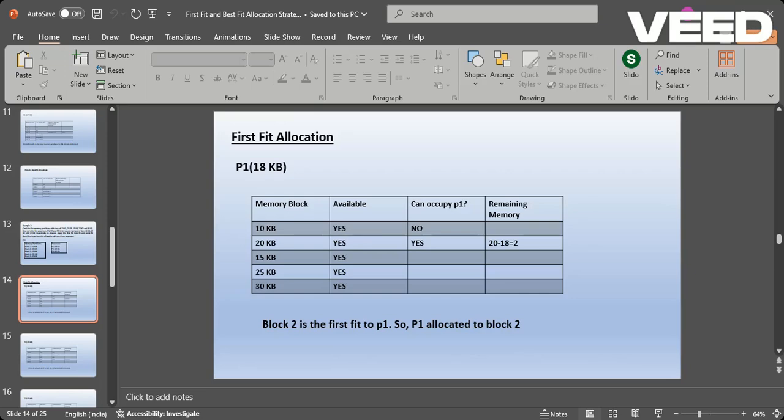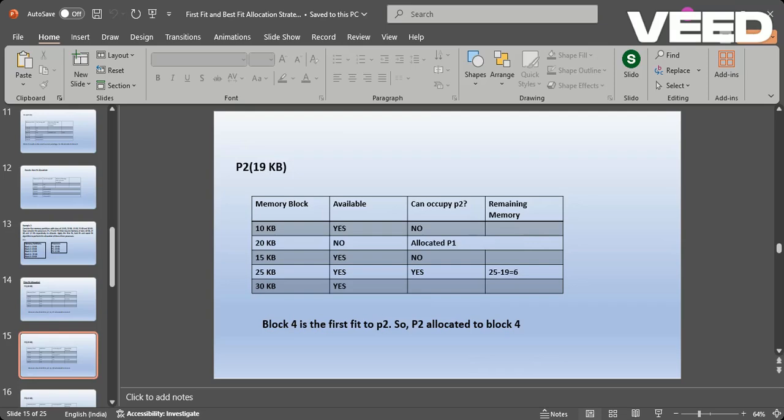The next block, 20, is compared with the process size. 20 is greater than 18, so it is the first location enough to store P1. The remaining memory wastage is 20 minus 18 equal to 2. So block 2 is the first fit for P1, and P1 is allocated to block 2.